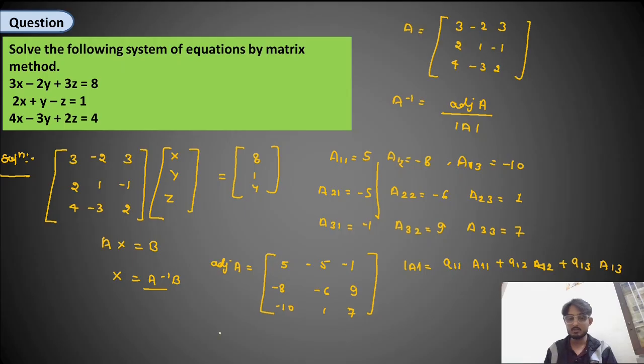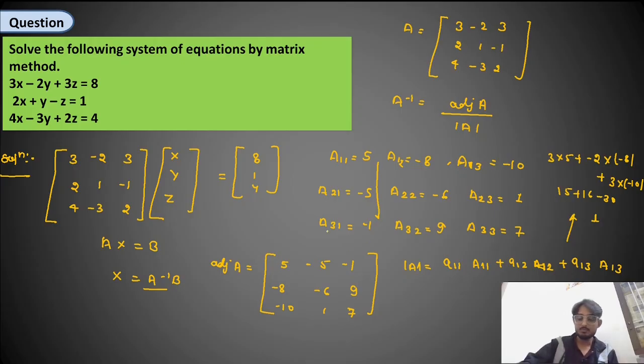So 3 into 5 plus a12 equals minus 2, and capital A12 equals minus 8, plus a13 equals 3, and capital A13 equals minus 10. So you get 3 5s are 15, 8 2s are 16, and 3 10s are 30, minus 16 plus 15 is 31, 31 minus 30, you will get 1.